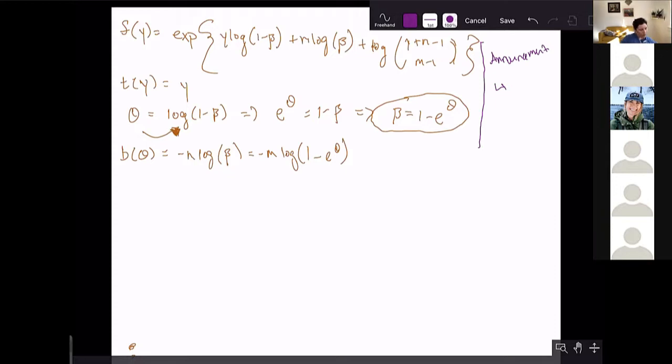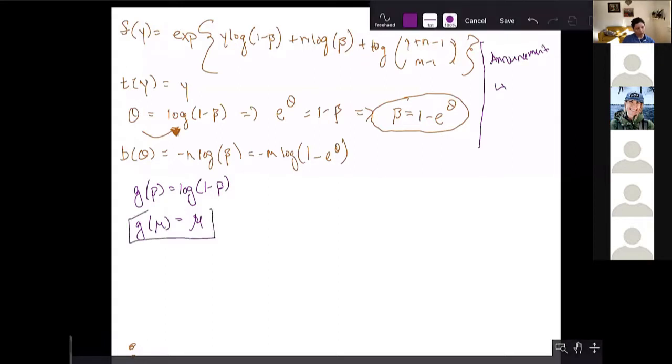Yeah, and so actually in this case you would say g of beta equals log of 1 minus beta, or g of mu equals mu. Okay. So in the case you're talking about, which is called the identity link, what I have boxed here would be sufficient. Okay.